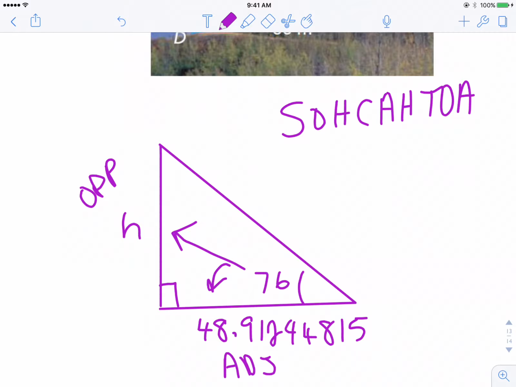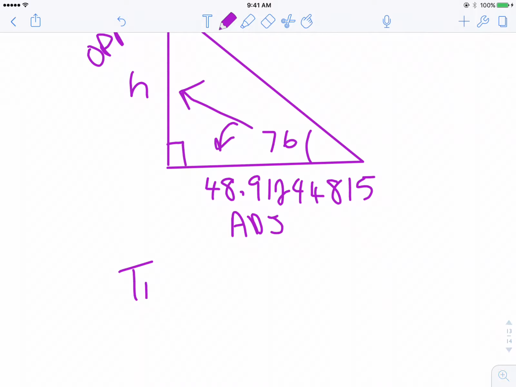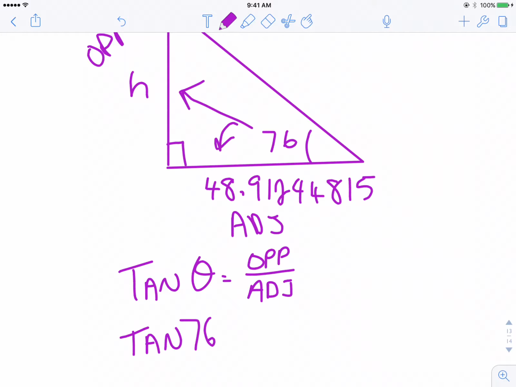What trig function relates adjacent and opposite is tangent. So tangent theta is equal to opposite over adjacent. Tangent 76 degrees is equal to my opposite side h, what I'm looking for, over my adjacent, which is 48.9124815.